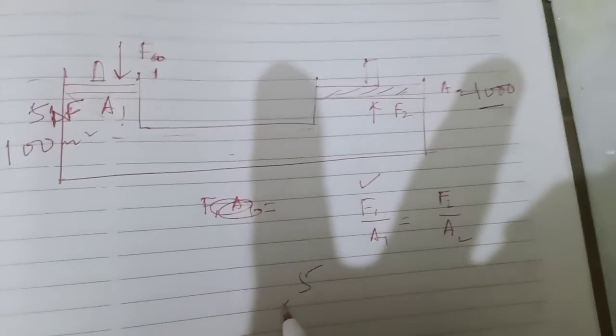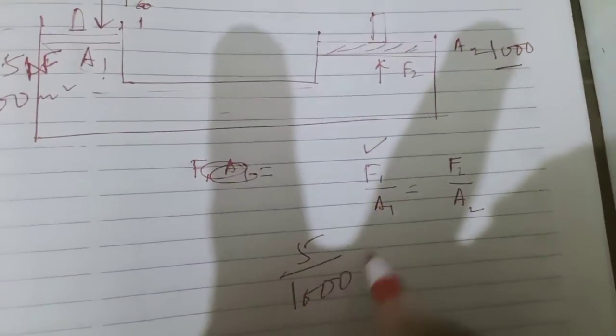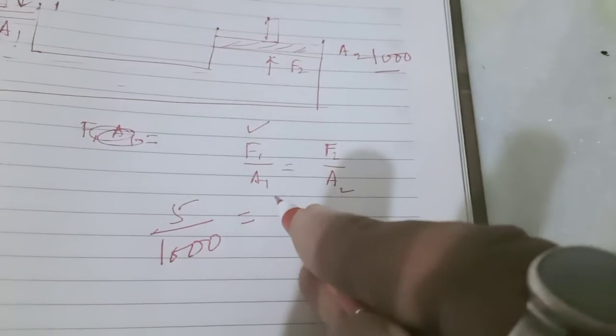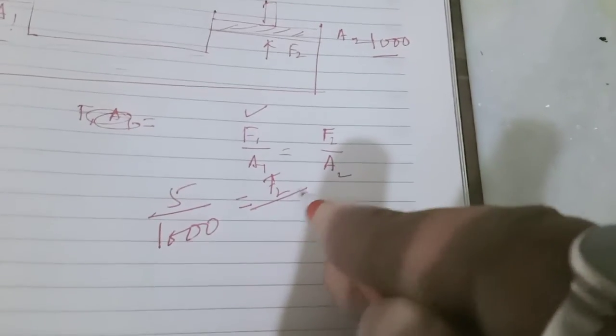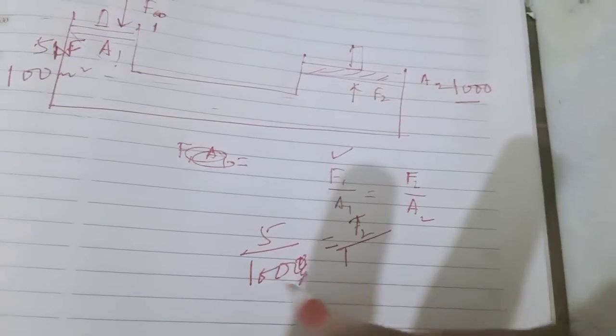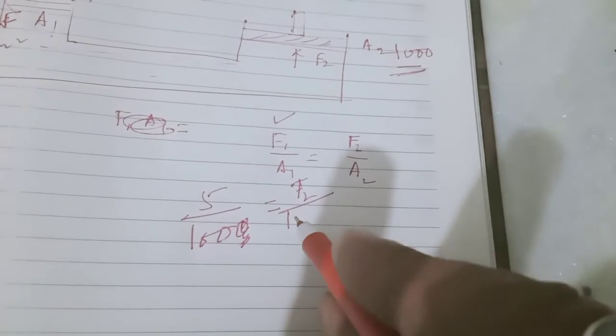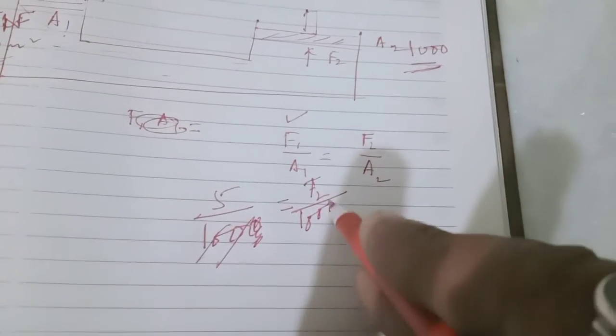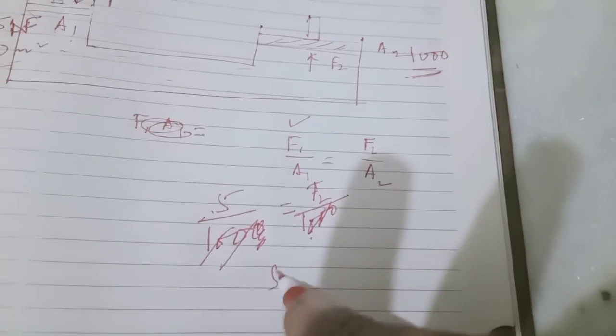Force is 5, area is 100, so 5 by 100. What is the force here? We have to calculate F2 by 1000. The 100 and 1000 cancel, 10 into 5, 50. So the force here is 50 Newton.